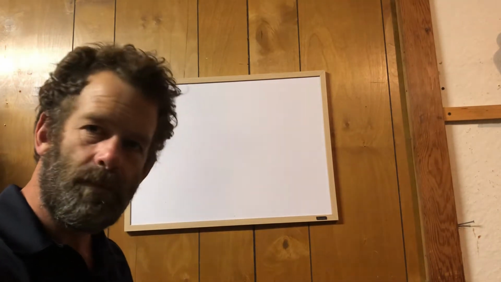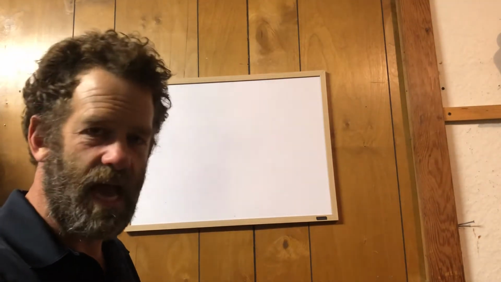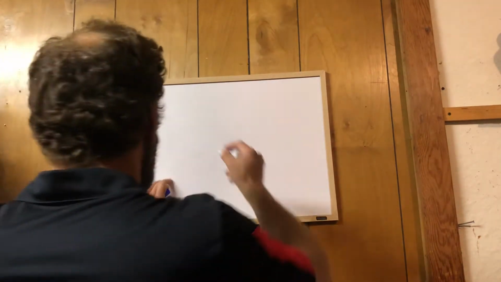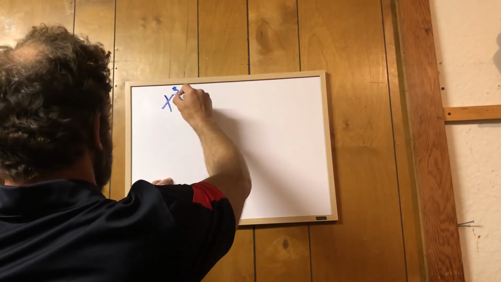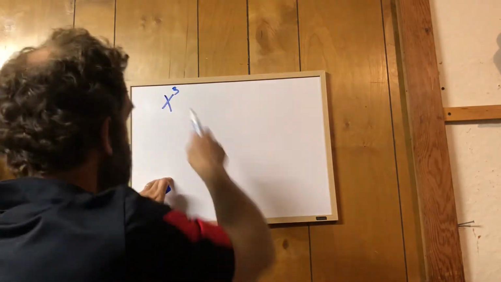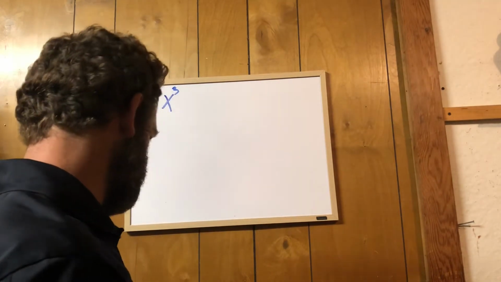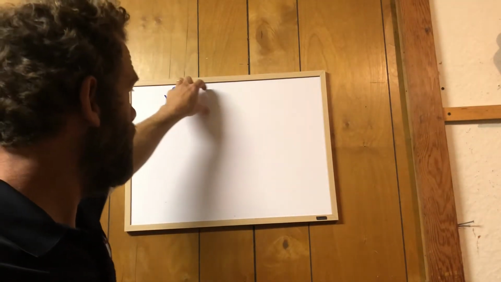If you were to multiply that whole thing out, you should know you're going to have your highest exponent as x to the third, and then plus or minus something x squared, plus or minus something x, plus or minus, negative 2 times 4 times 3 is negative 24. So you're going to have a big polynomial.